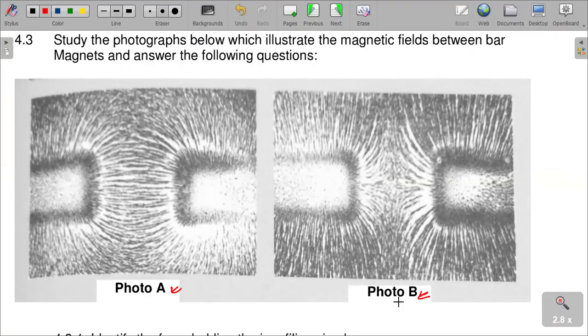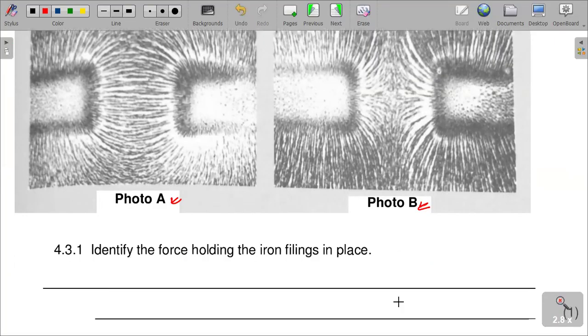Let's quickly identify the force holding the iron filings in place.